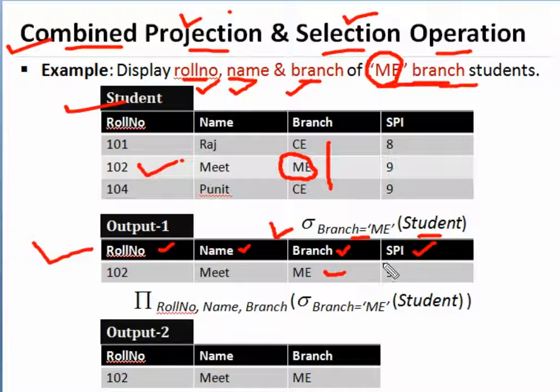Out of these 4 attributes available in our result, we have to remove SPI, because we need roll number, name and branch, and we do not require SPI. So for that we have to provide a projection operation.